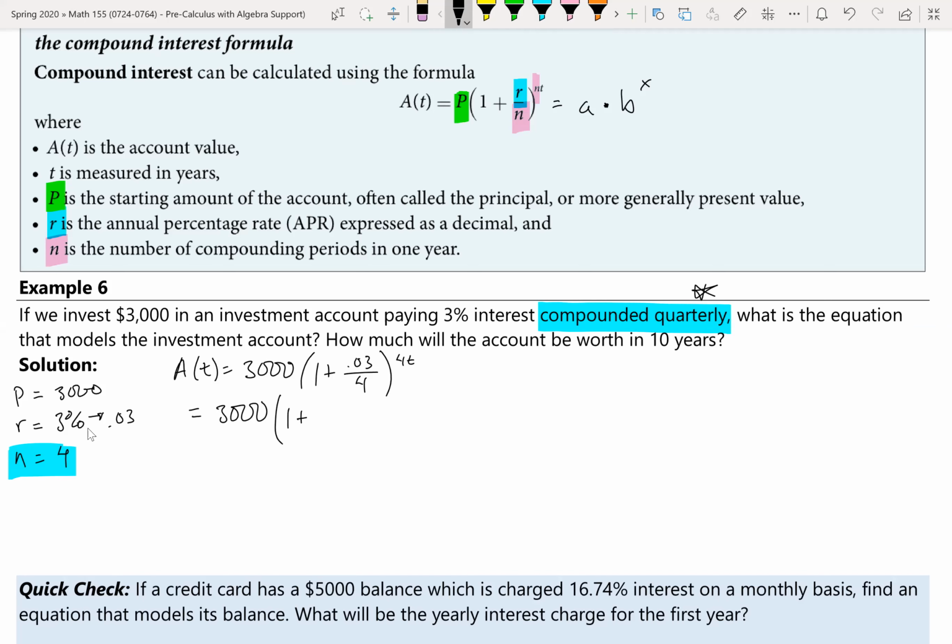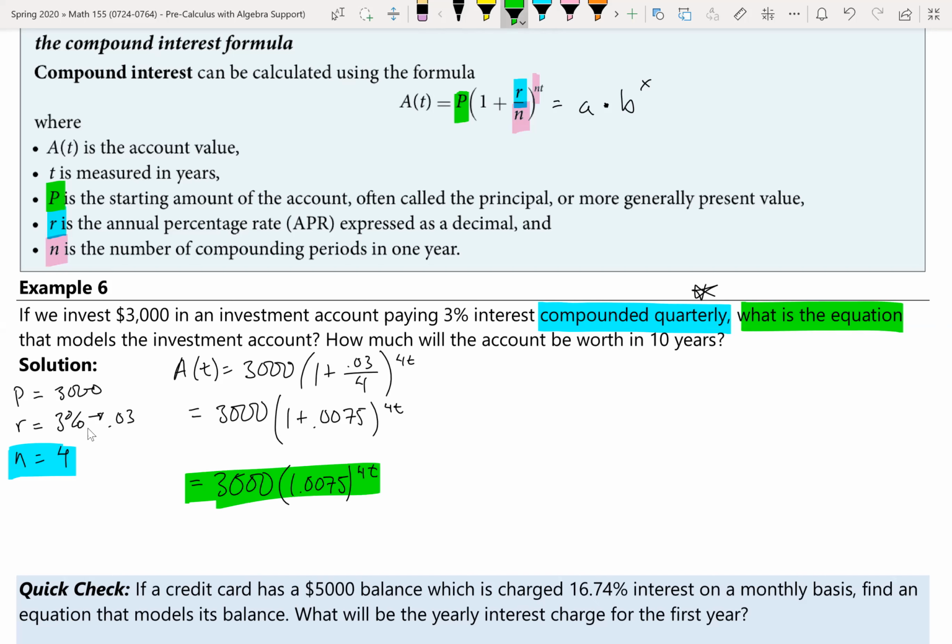I'm trying to find a decimal value for it. 0.0075. So 1.0075 to the 4T. So this gives us our equation.